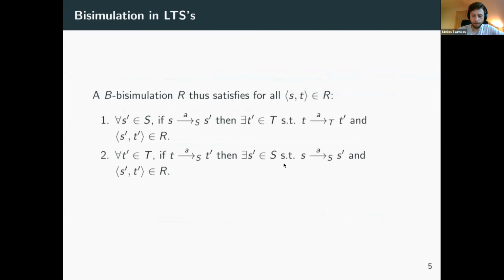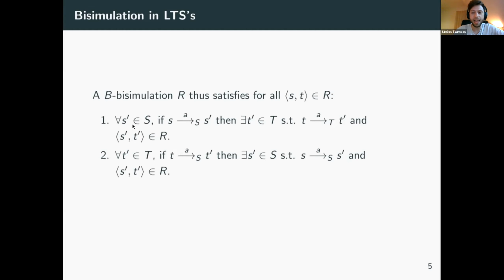So you can see an example here of why this is a useful notion and why this actually captures behavioral indistinguishability. So let's take an example. A bisimulation R in the category of LTSs goes like this.